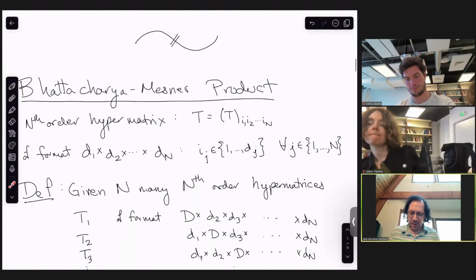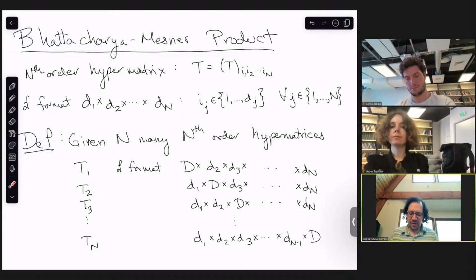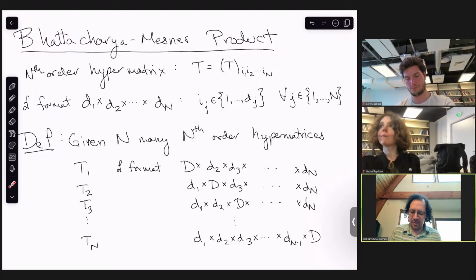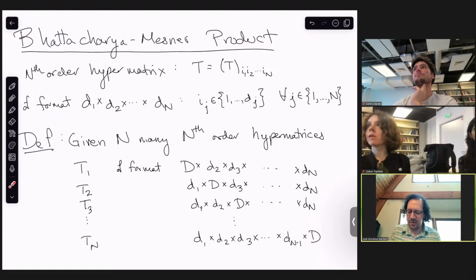All right, so we start with the Bhattacharya-Mesner product. Just to set notation, if I have an nth order hypermatrix, I'll usually denote that by T, and that means it has n indices.